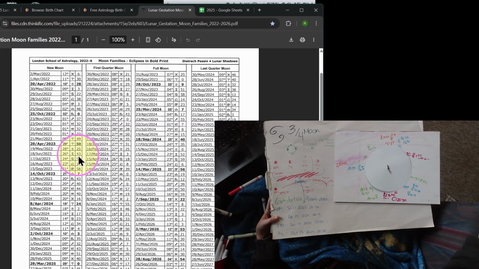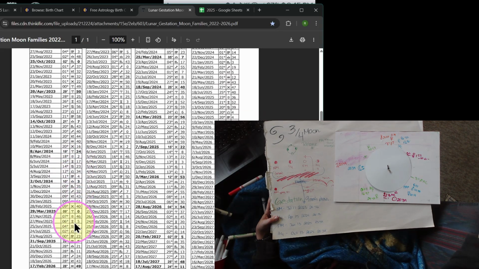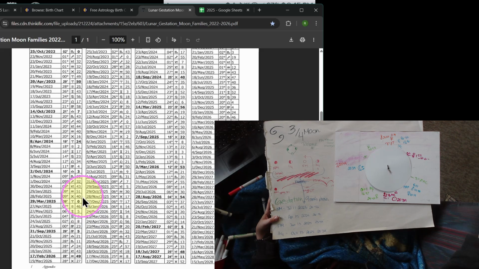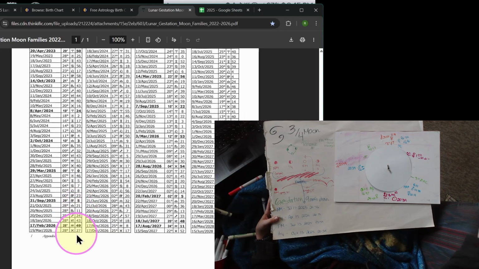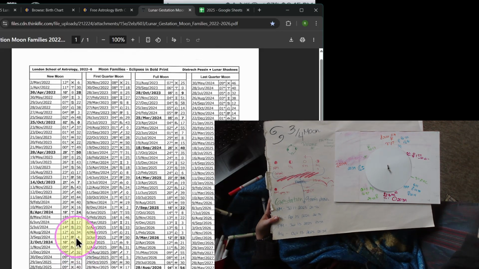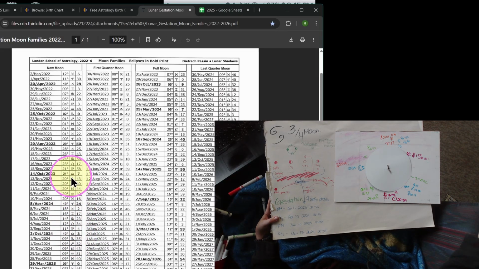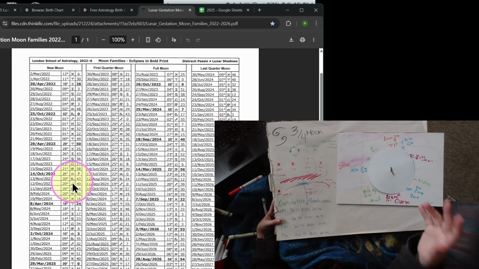We have Cancer, and then the next one was 2024 at 14. And the one that began this year was a really early degree. And so, yeah, 2026, I believe, will begin a new third decan Cancer lunation cycle.